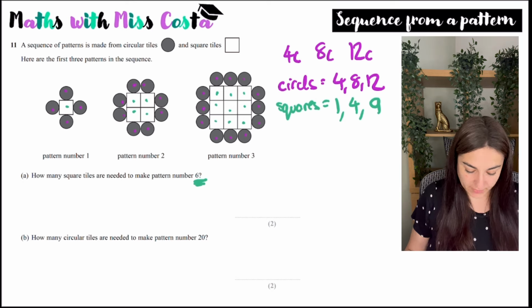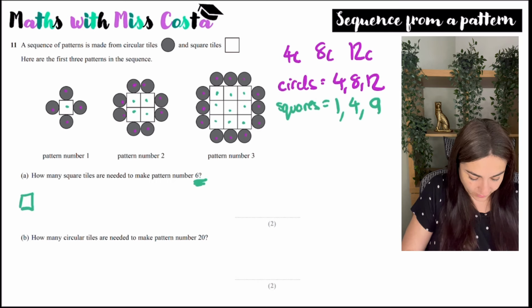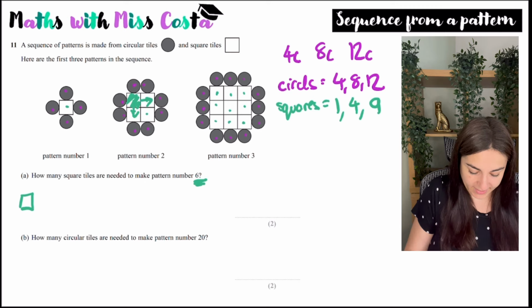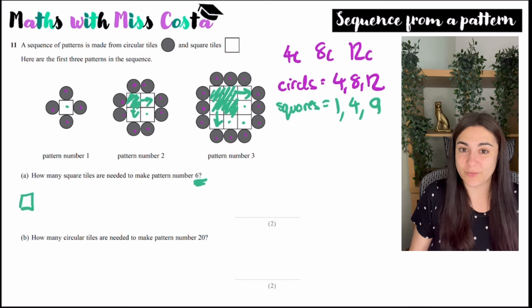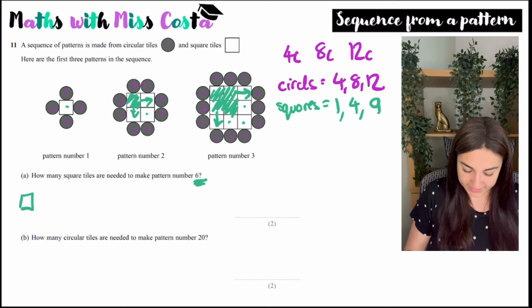What you could do is draw it out. You could think to yourself, okay, I start with 1 square, and then what's happened is I started with this and I add a square to the side and below and I fill it in to make a square. So similarly here, you start with this and you add a square to the side and below and you fill it in to make a square. Or hopefully you've recognized that these are the square numbers.